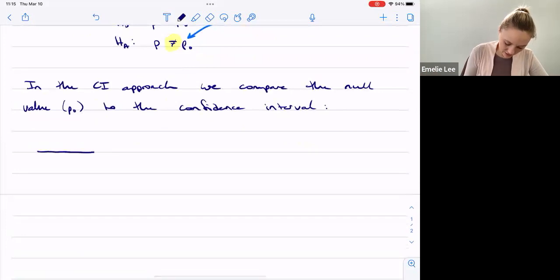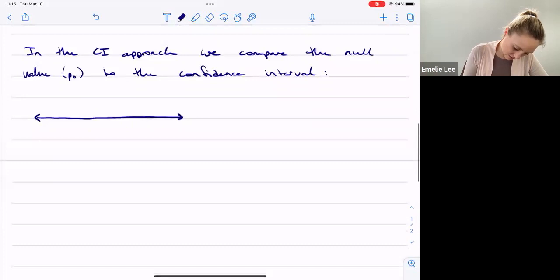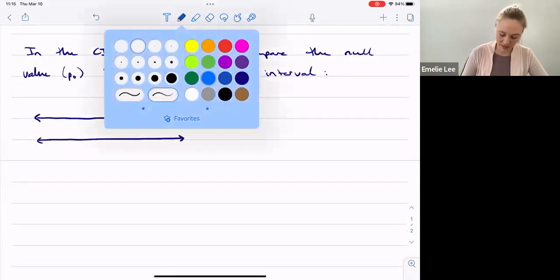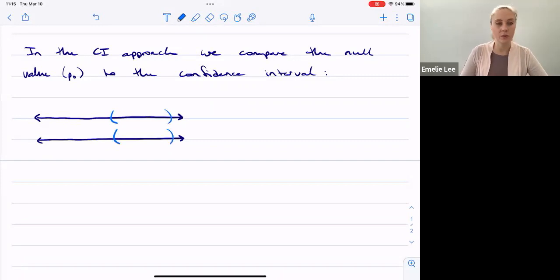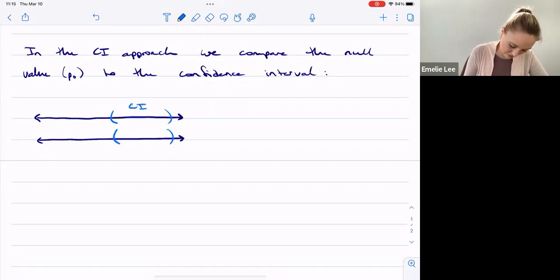So we really only have two options here. Right, I'll draw my two options. They're both going to be on a number line, and I've got some confidence interval, and it can be in the same location in both cases. Right, so here's my confidence interval, and here's my confidence interval.